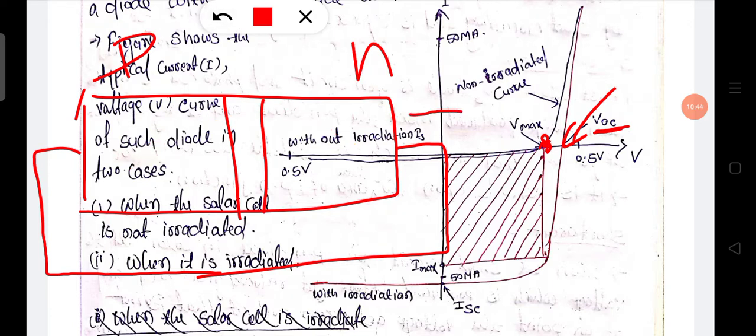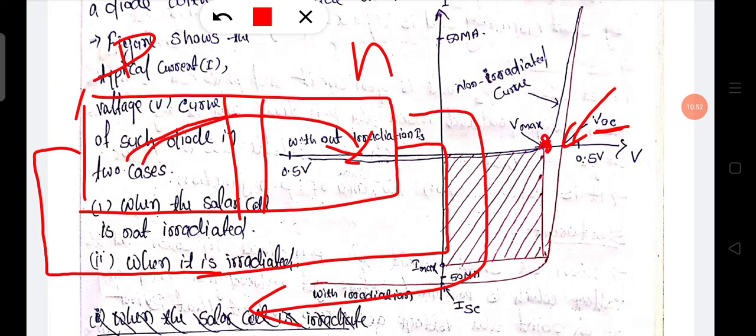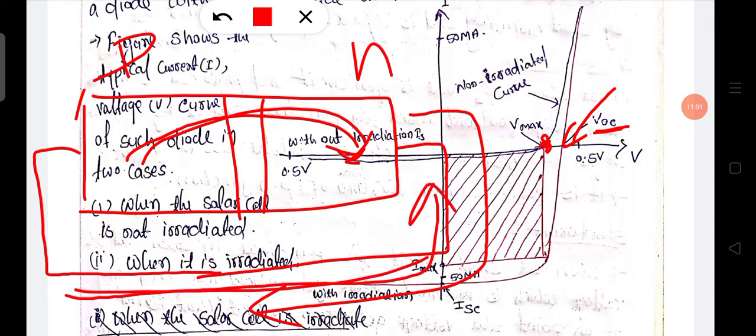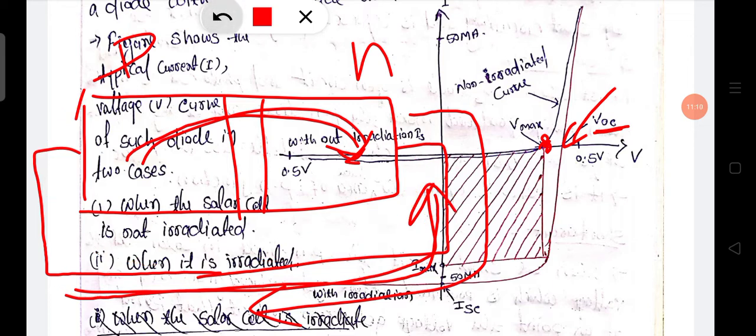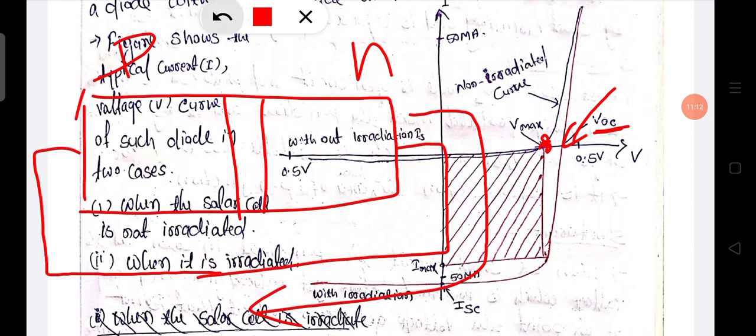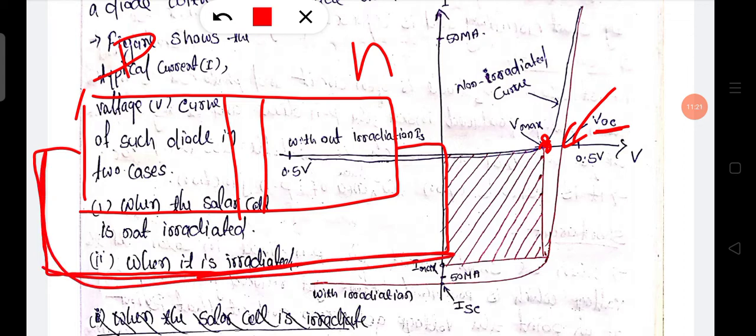The electron flows from p side to n side inside, so the current flows in the opposite direction of the electron flow, from p to n. At that time there is no voltage and no resistance or load in the circuit, so current is maximum.